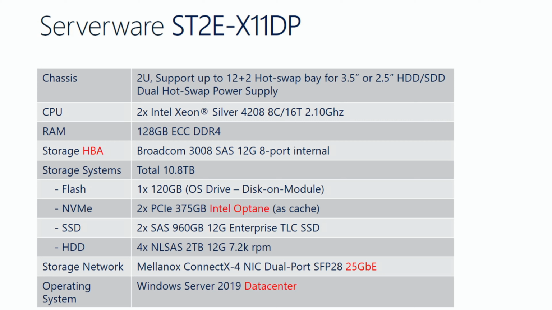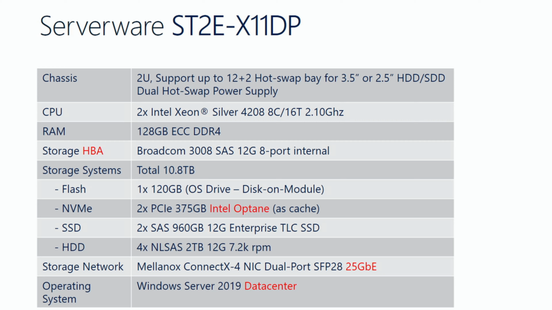However, we need to use an HBA in order to control all the disks. The next part is the NVMe. In this particular configuration, we have 2 pieces of 375 GB Intel Optane. We use it as cache. This will bring the disk performance for all the read-write to tip-top performance. This is exactly what we want to achieve here.